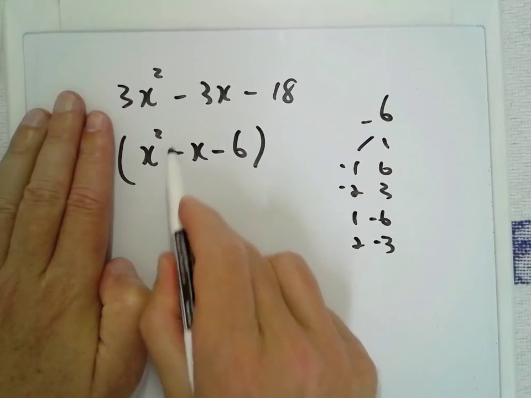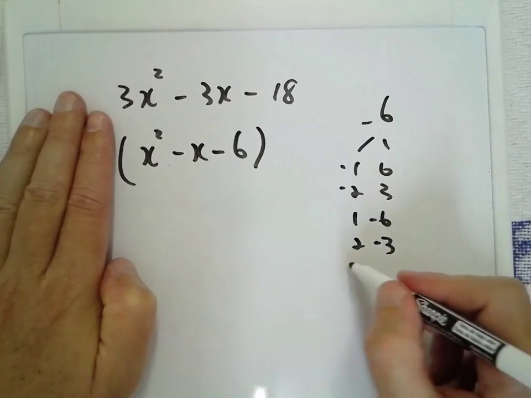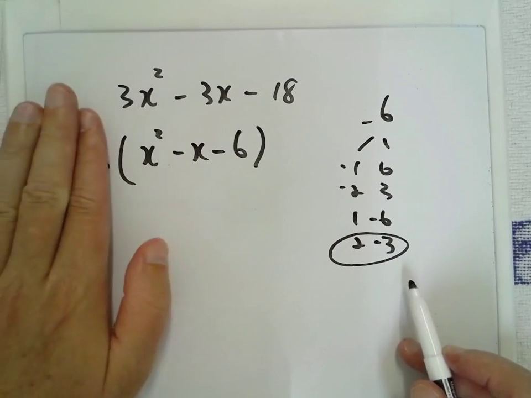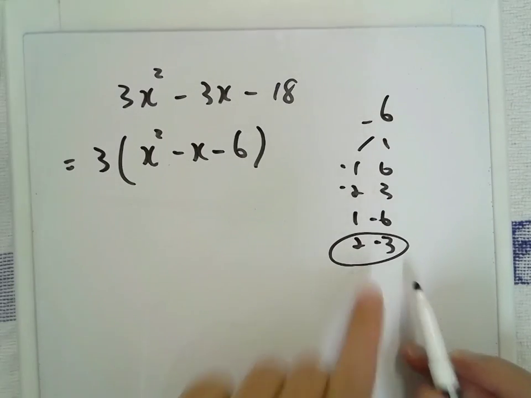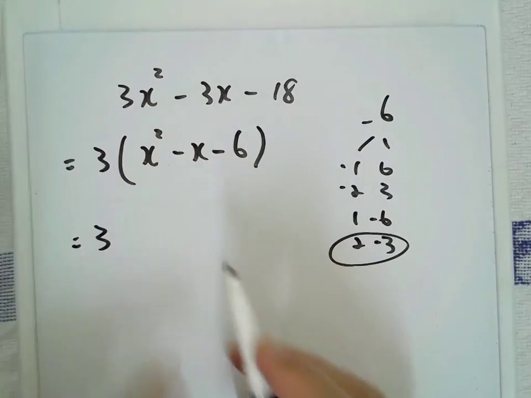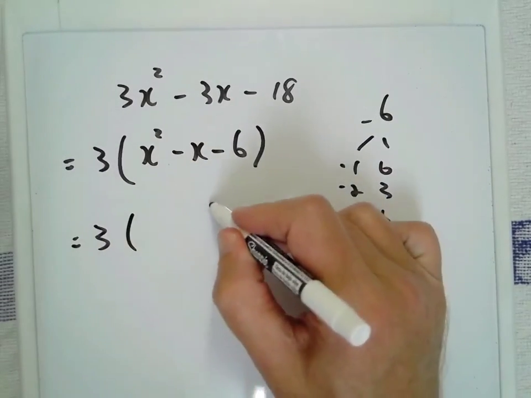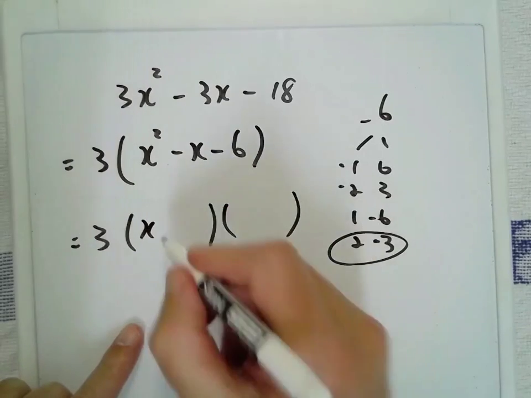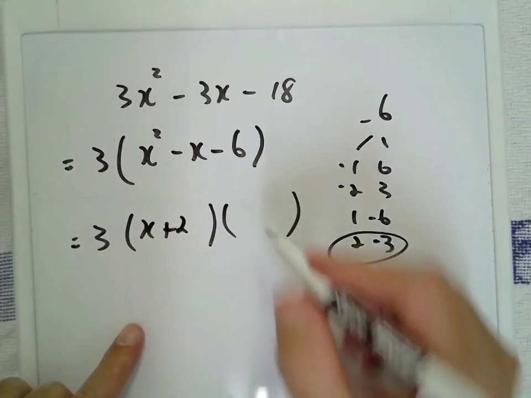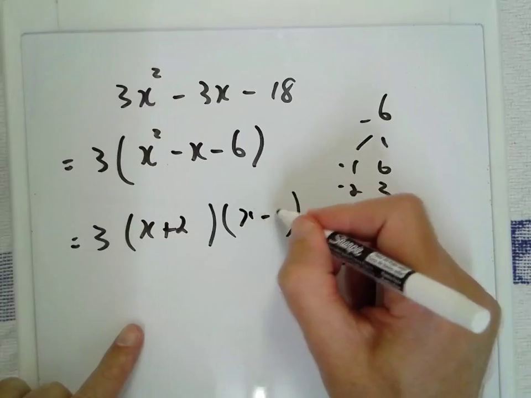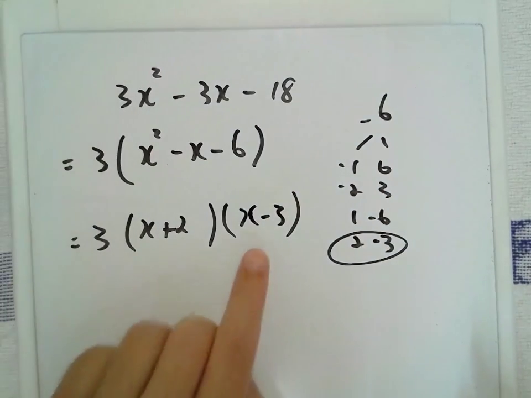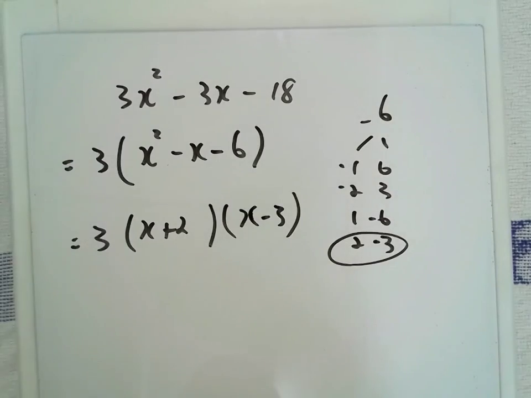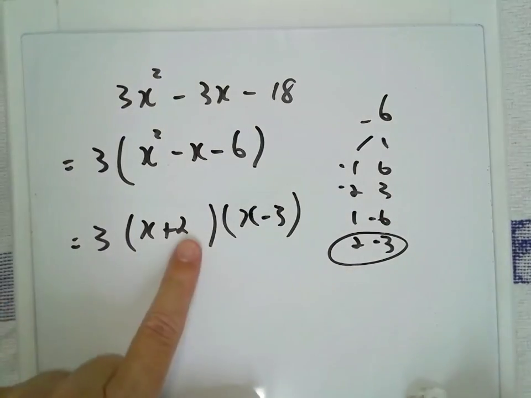I'm going to circle the one that adds to the b term, so I've got to get to negative 1. Remember, because my coefficient is positive 1 inside that bracket, I can go straight to my answer. So I'm going to factorise this to two brackets, x plus 2 and x minus 3, which is exactly the same as that last one that I rubbed out before. Nice and easy, eh? Okay.